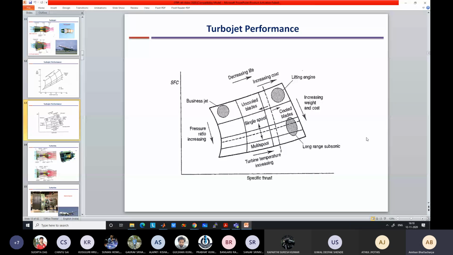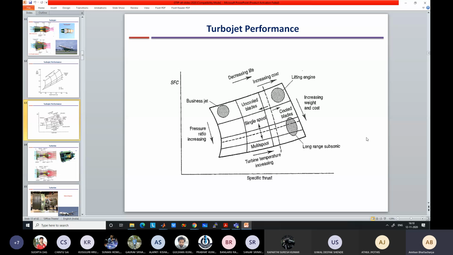So fuel cost is very important, and you want the engines to be as fuel efficient as possible. So you need the maximum specific thrust and the minimum thrust specific fuel consumption that is possible.